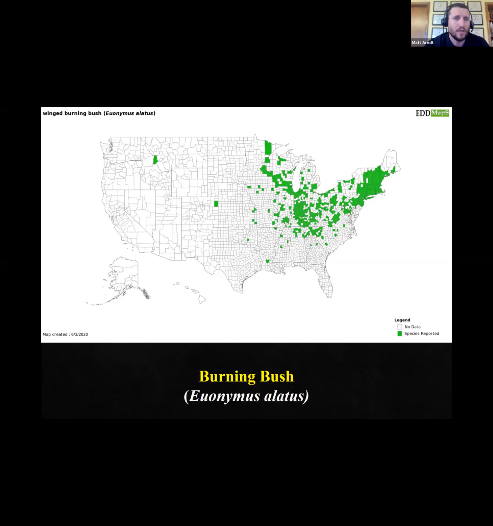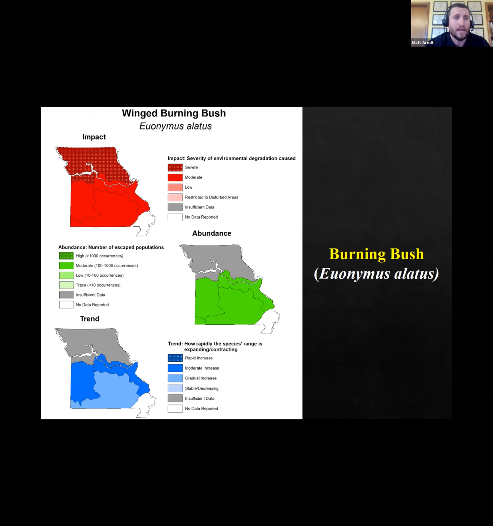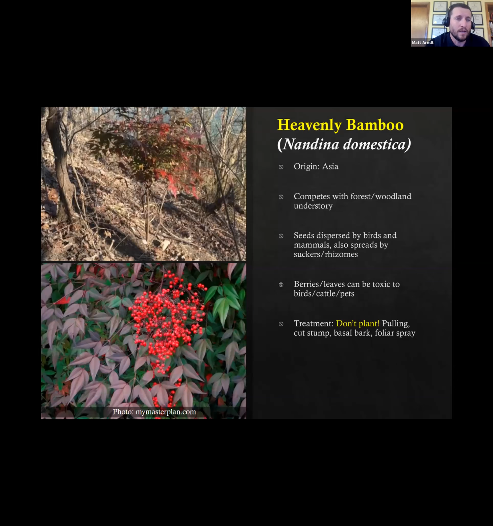But the MOEP assessment of burning bush, and this matches my own experience in the field in a lot of parts of the state, is that it really is widespread in terms of presence, impact, and abundance, all of the different criteria. This is an instance where EDDMapS is almost lagging behind in terms of being potentially used as a predictive tool. I'd really be interested to see the models that Quinn referenced in regards to burning bush and what they predict.